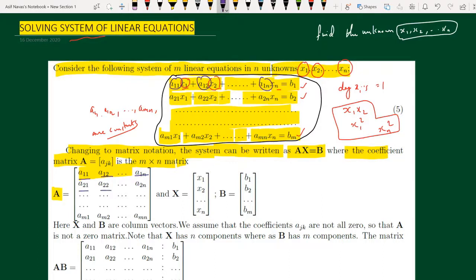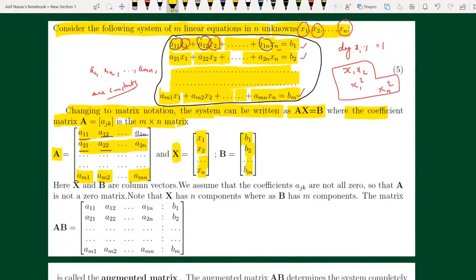The second row is a21, a22, etc., a2n. And the mth row is am1, am2, etc., amn. And x denotes the unknowns x1, x2, etc., xn. These are column vectors, and b is b1, b2, etc., bm. So now we can write the system in Ax equal to b form.